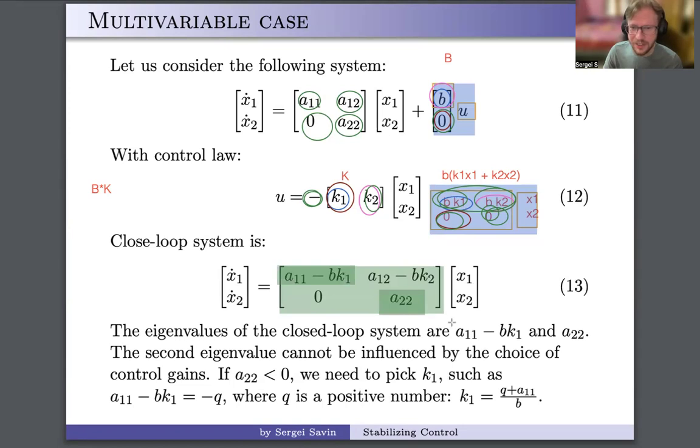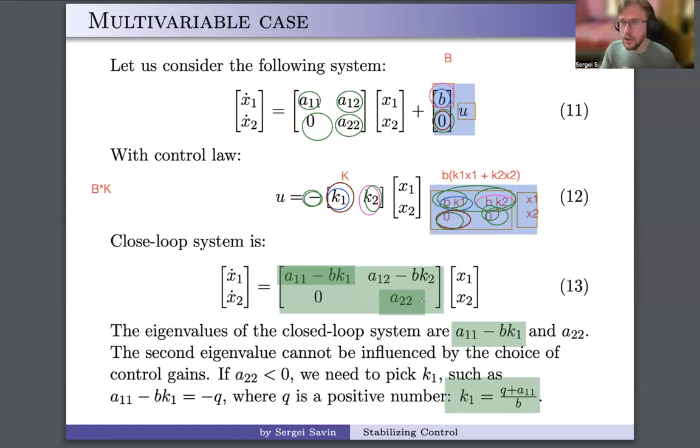Now, we can see that this eigenvalue, we can make whatever we want, same as before, right? Just choose Q, which is a positive number. Minus Q would be your eigenvalue. Choose K1 in such a way that K1 is equal to Q plus A11 divided by B. Okay, good. But we cannot do anything about the second eigenvalue.